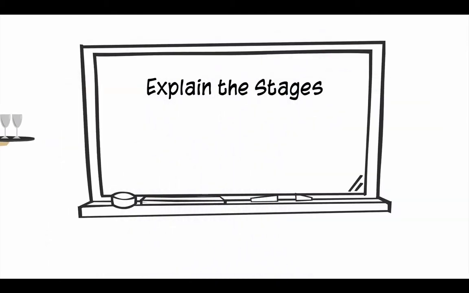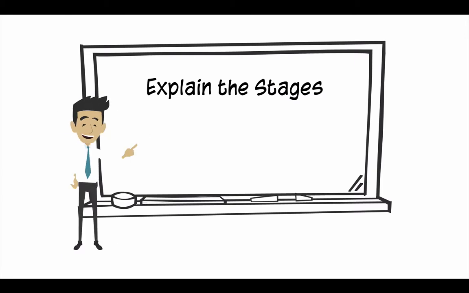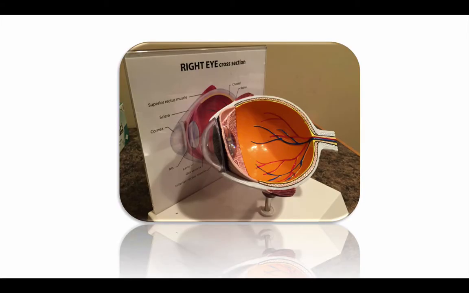When we do decide that it's time to discuss cataracts, we should explain what stage their cataracts are, whether or not they may cause some visual changes, and what they can expect to notice in the coming years. Don't forget the basics when you explain things. Despite being familiar with the term cataract, many patients don't actually know where the lens is located in the eye.